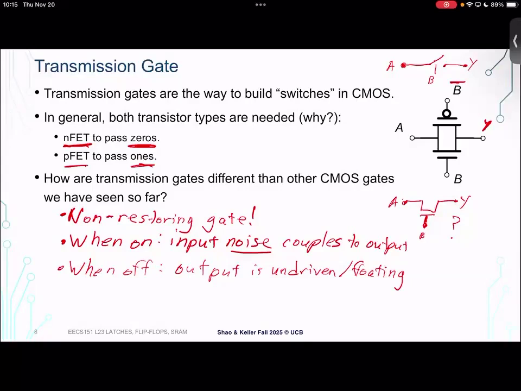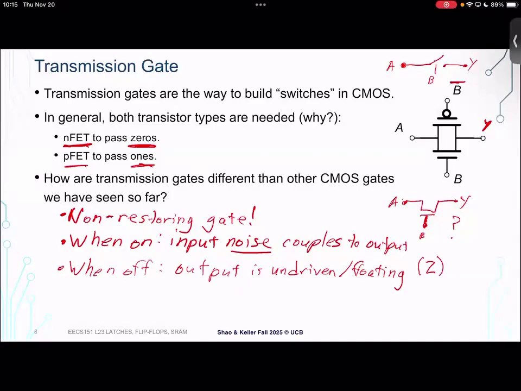In your RTL simulations, this would be represented as a Z state. So floating means that in practice, well, it'll keep the value it had for a while, but not forever, right? There's some capacitance on this node that can store the charge that was put there, but eventually it's going to leak away.